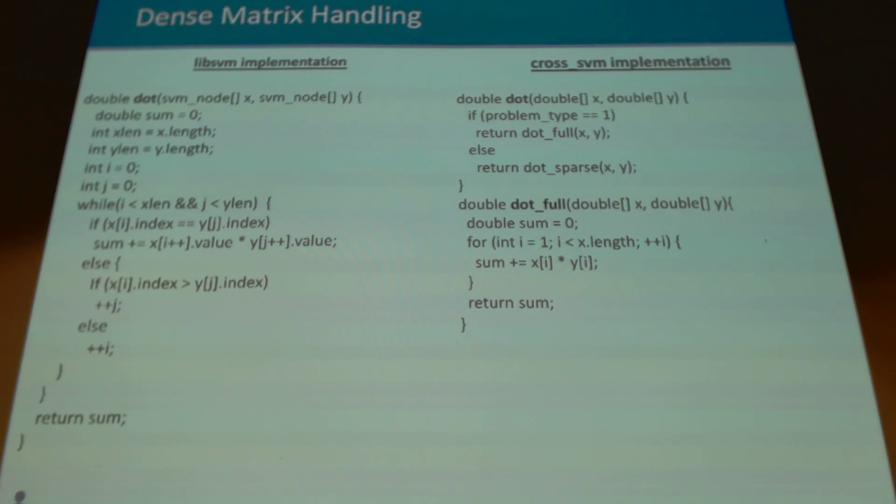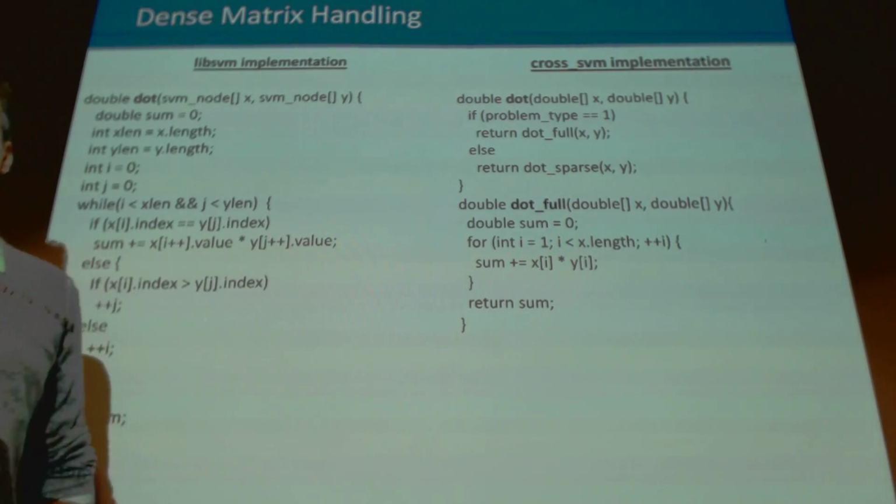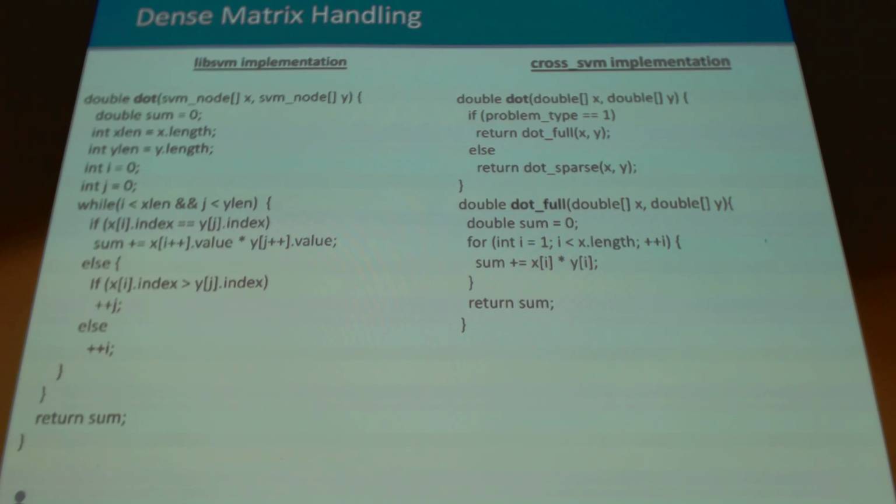So if you are still not using cross-validation, you're going to get 3 to 5 times speed improvement on full data sets. If your data set is sparse, you're going to get around 2 times improvement just by changing the data structure. So no matter what, use cross SVM. I have a demo for this. Maybe later.